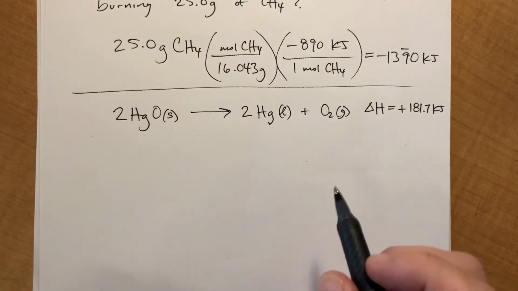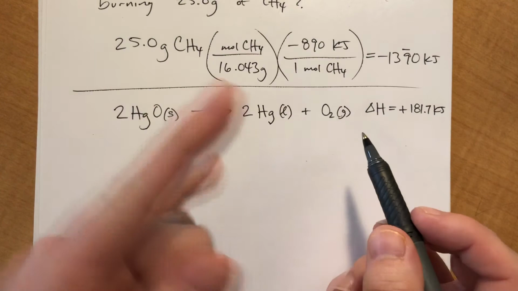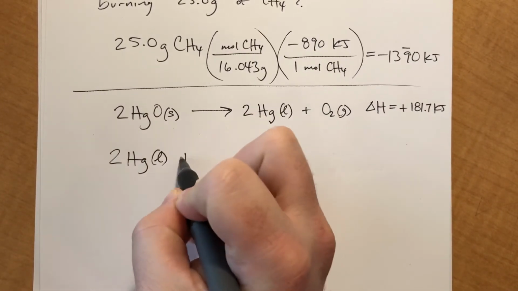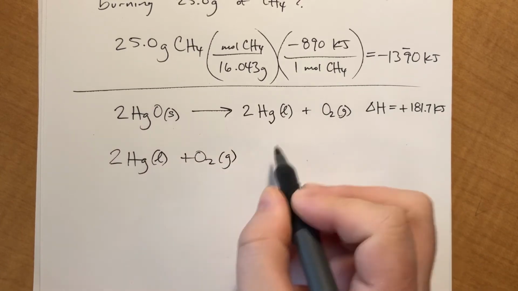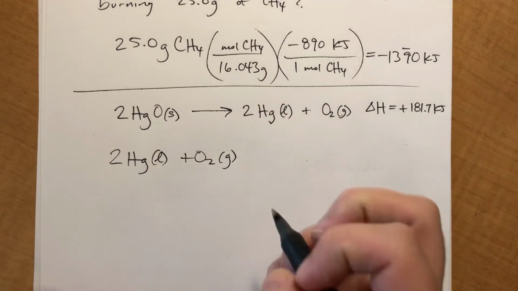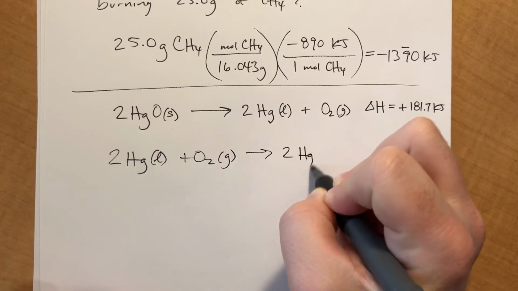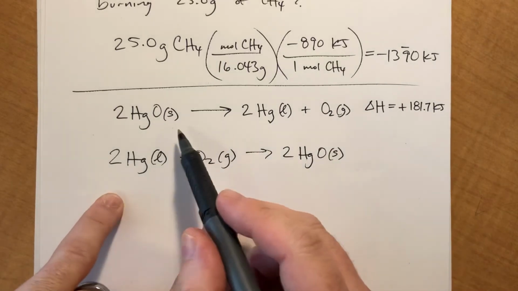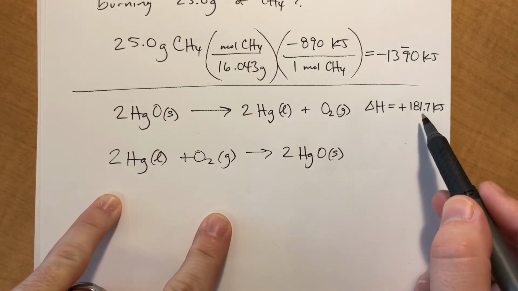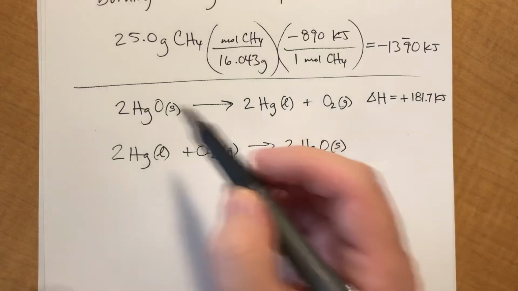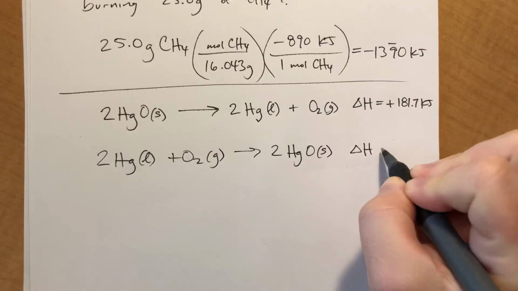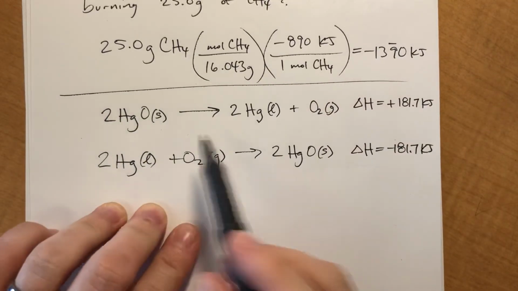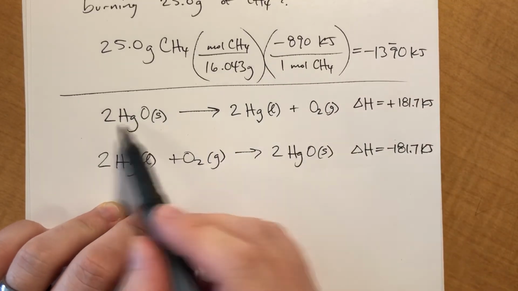So what we find out, though, is that if you reverse this reaction, so let's say we take these things and we decide we're going to react them, we could, in theory, form that product, or what was our reactant. And because going this way required 181.7, if you reverse things, it's going to release 181.7.